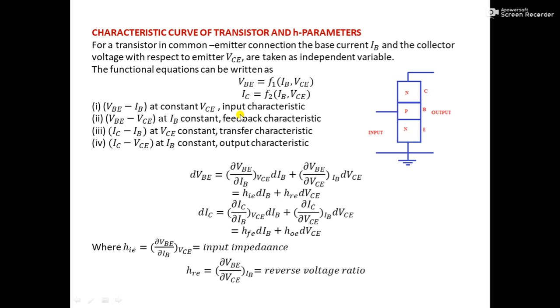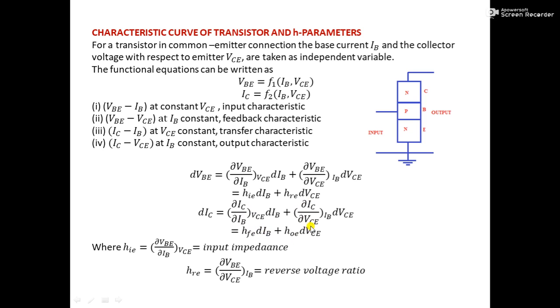Also differentiating this, we get dIC is equal to del IC by del IB at VCE constant, dIB, plus del IC by del VCE at constant IB, dVCE. So del IC by del IB is the current ratio, the forward current ratio, so we can write it as HFE, for the common emitter, dIB.